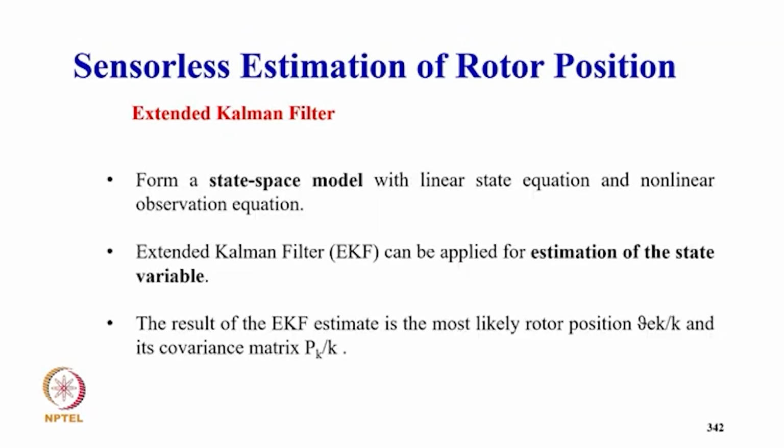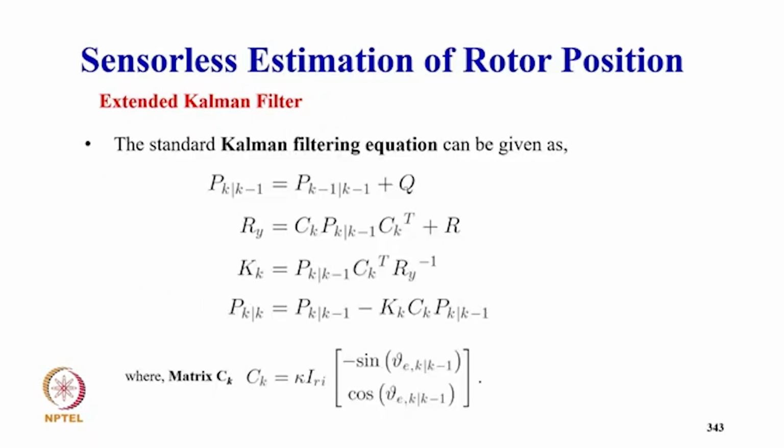To form a state space model with linear state equations and nonlinear observation equation, an extended Kalman filter can be applied for estimation of the state variable, and the result of the extended Kalman filter estimate is the most likely rotor position theta k and its covariance matrix Pk.